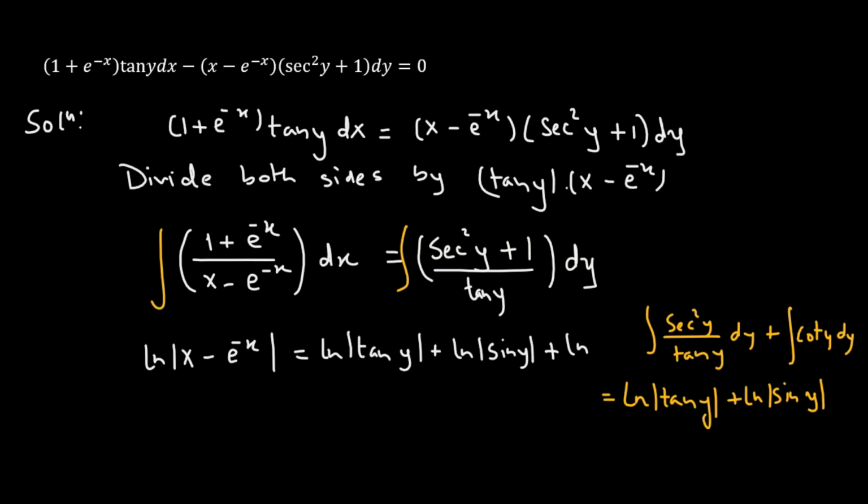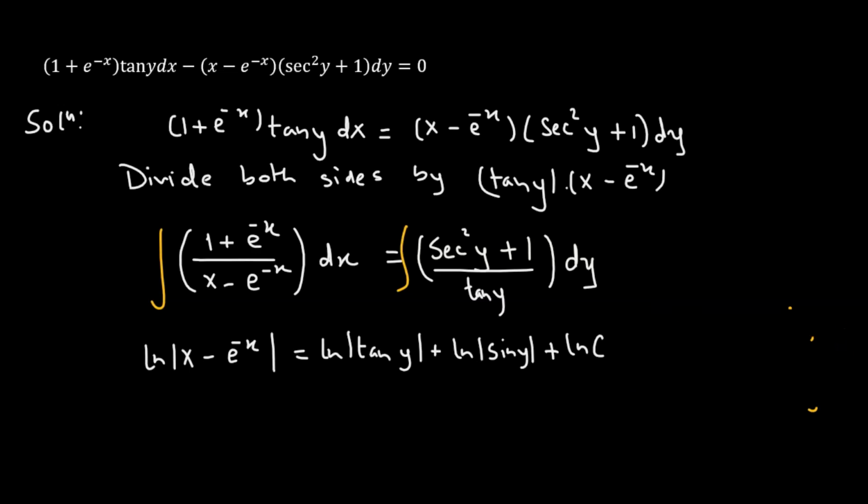Since everything is in log, let's take the natural log of c, because c is a constant, so natural log of c is also going to be a constant, so that's not going to affect. Now we are going to use a property that natural log of a plus natural log of b is equal to log of ab. That holds for any kind of log, not necessarily a natural log.